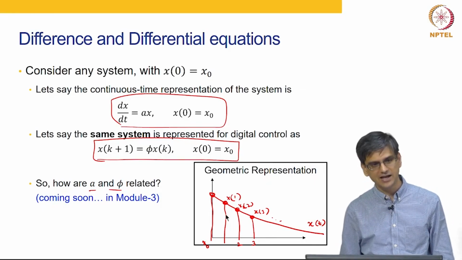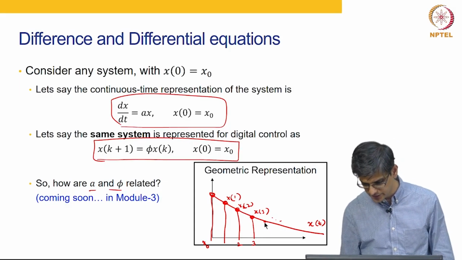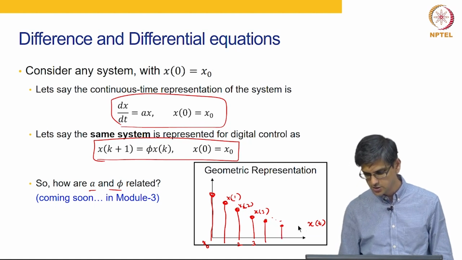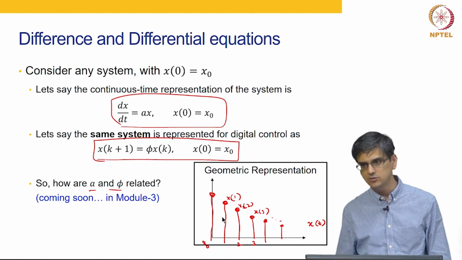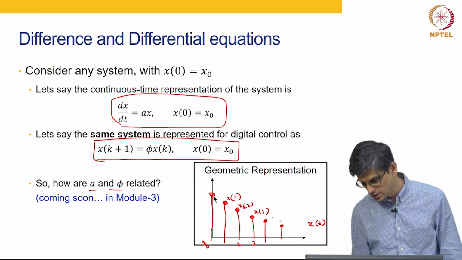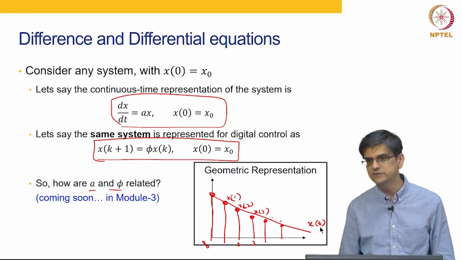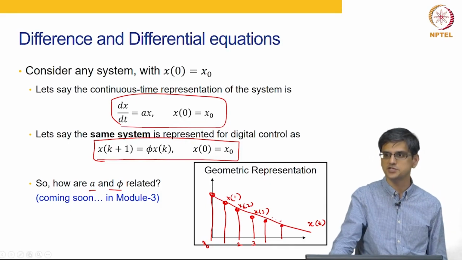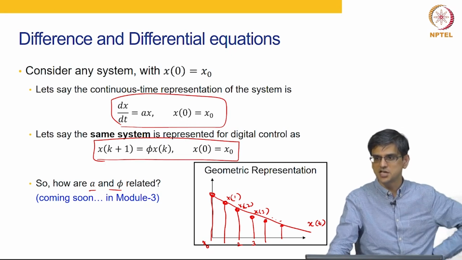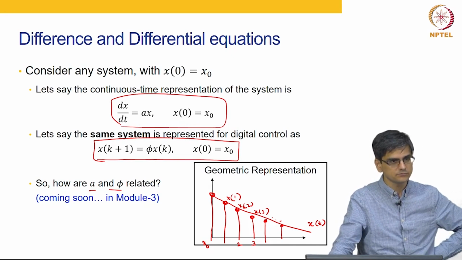We do not have information between these points, we have information only at these points. So what I am showing right now is the solution of the difference equation, and what I am showing with the curve is the solution of the differential equation, and that is the distinction between the two. Okay.